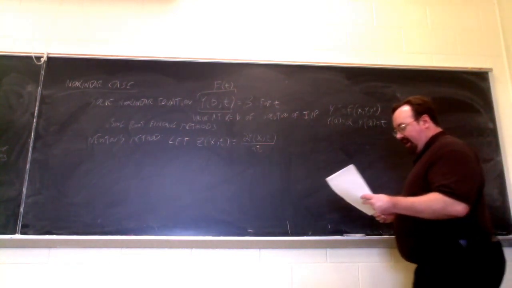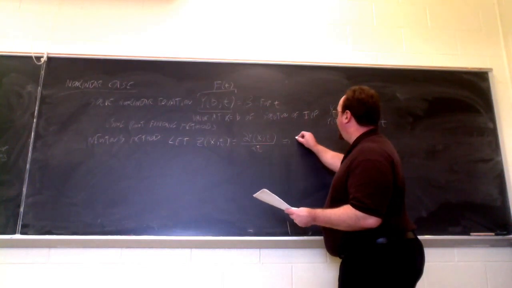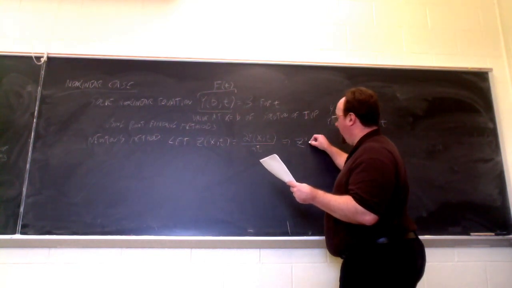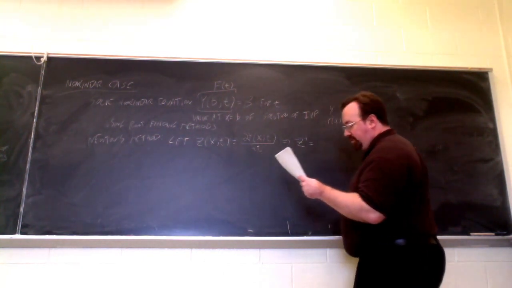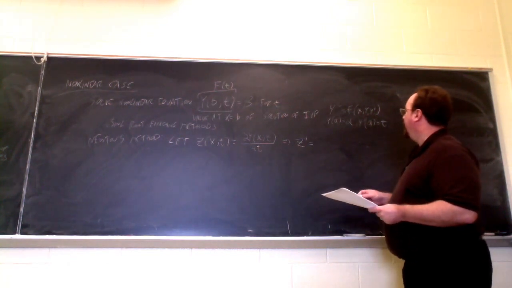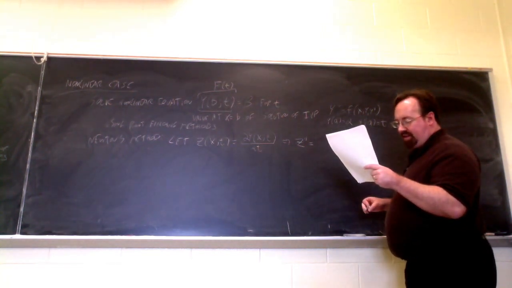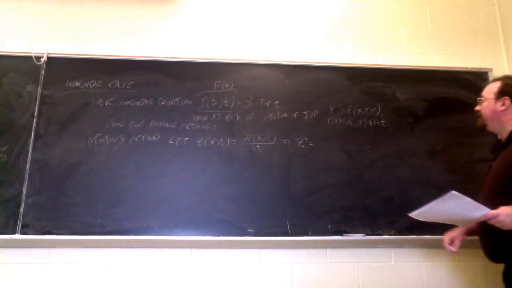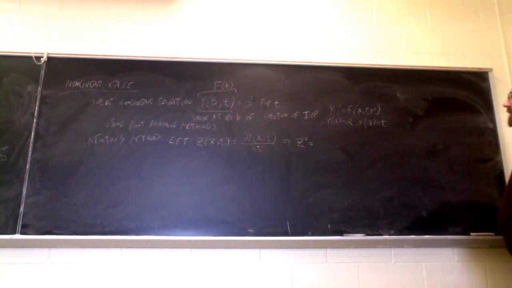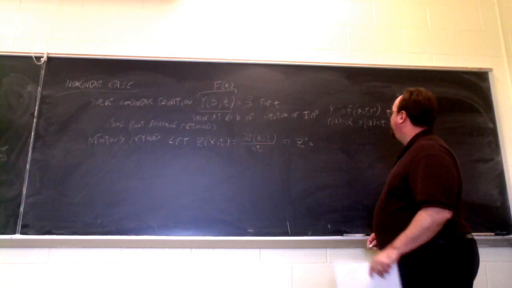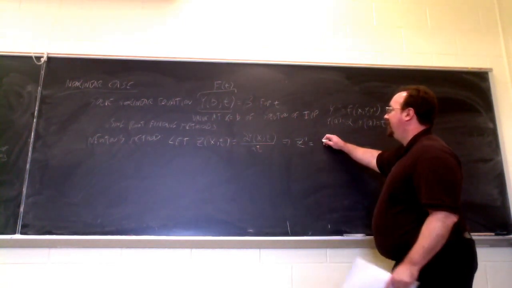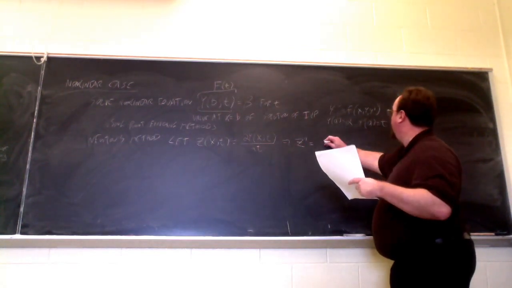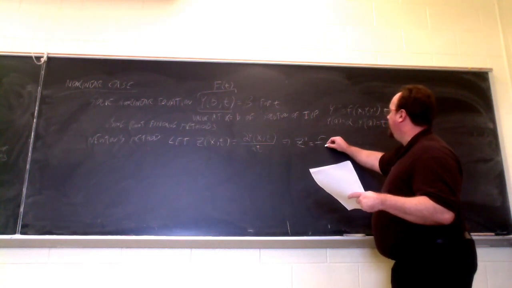So I could say z double prime is equal to, all right, well, I need z double prime of x. So now, this is df dx.